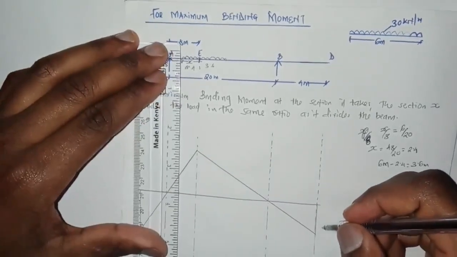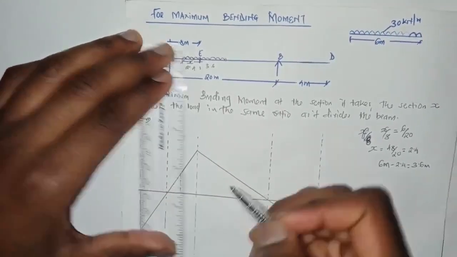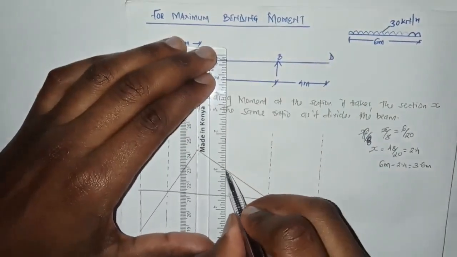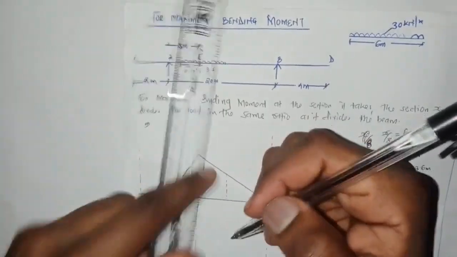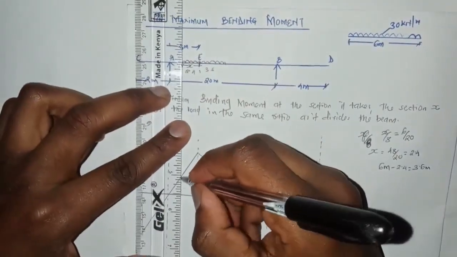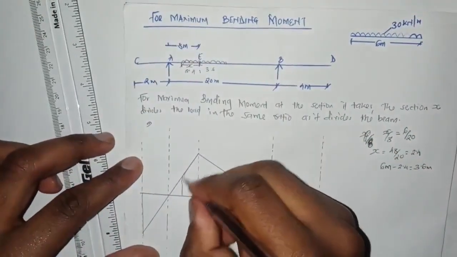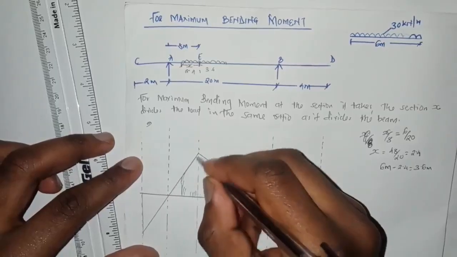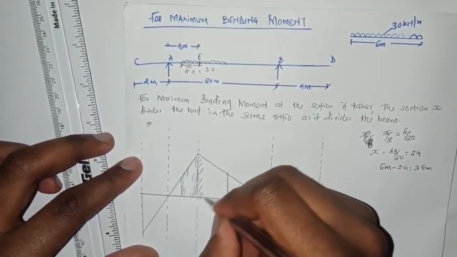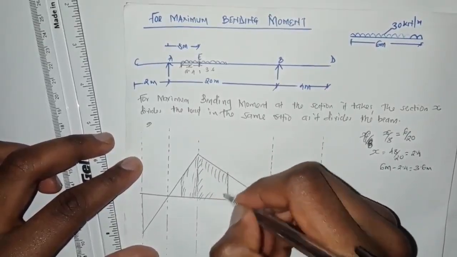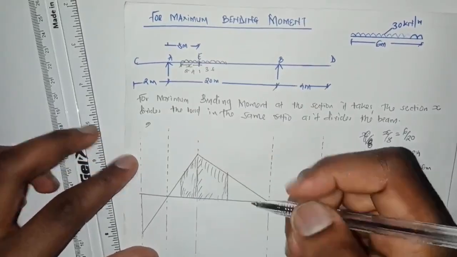So the examiner is actually telling us to find the area of this triangle. This triangle here.